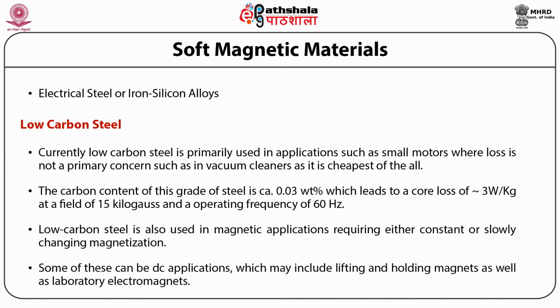Some of these can be DC applications, which may include lifting and holding magnets, as well as laboratory electromagnets. Also, for DC uses, one can employ castings instead of laminated steel sheets.